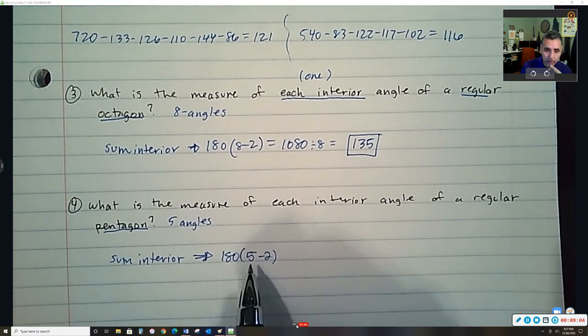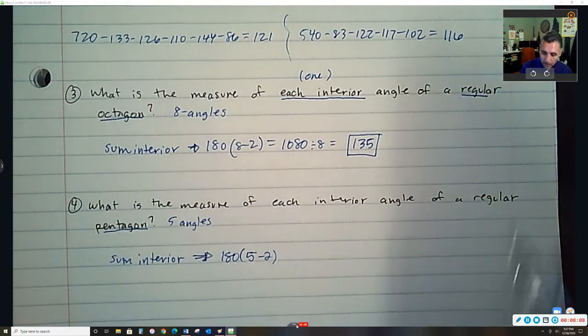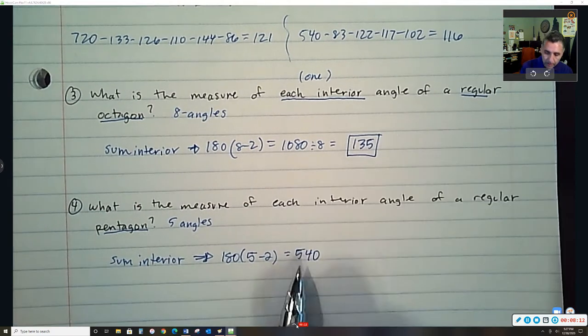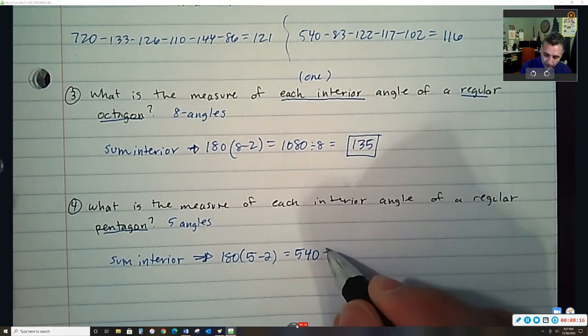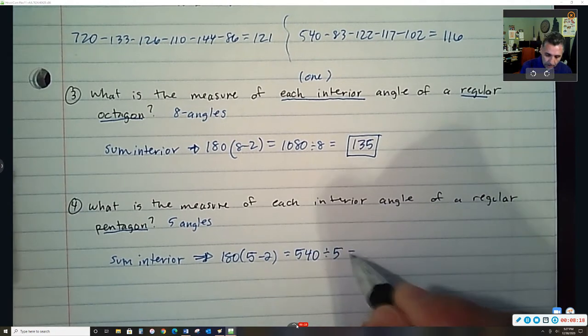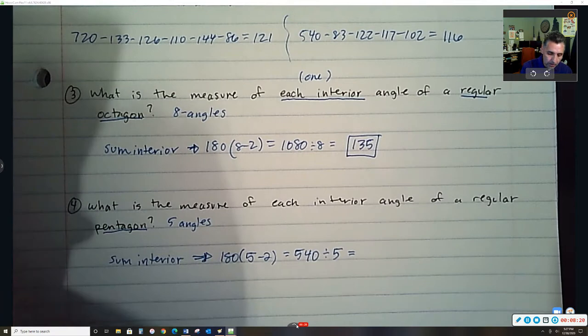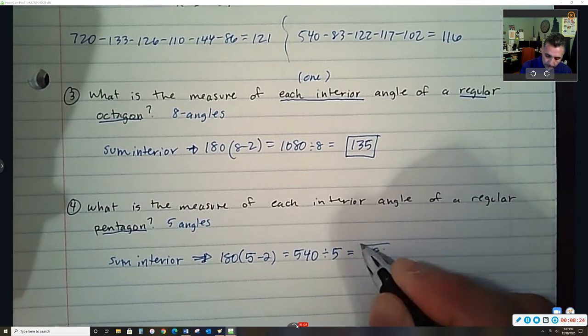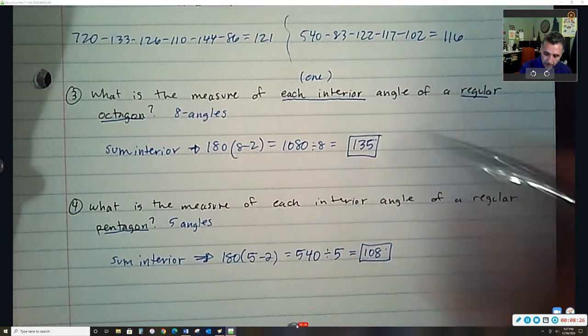So we put it into the formula, 180 times (5 minus 2), and we get 540. So that's the total for all 5 angles. To figure out how much one angle measures, you have to divide it by 5. Divide it by 5 and you get 108. We're done.